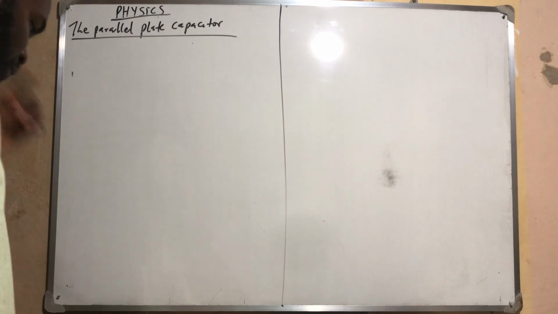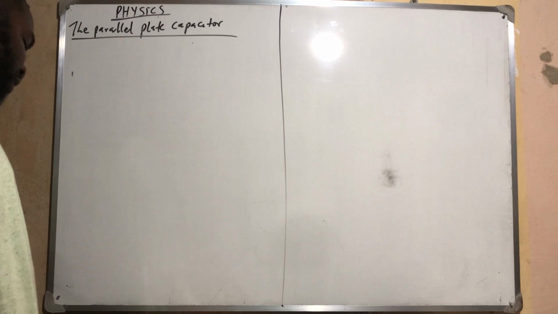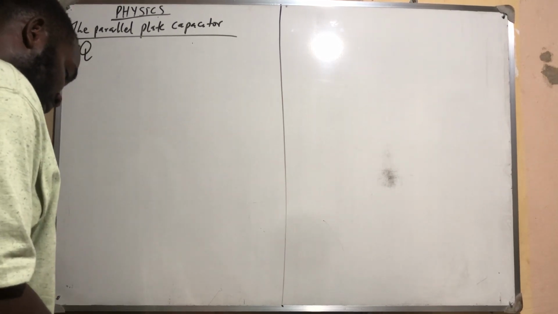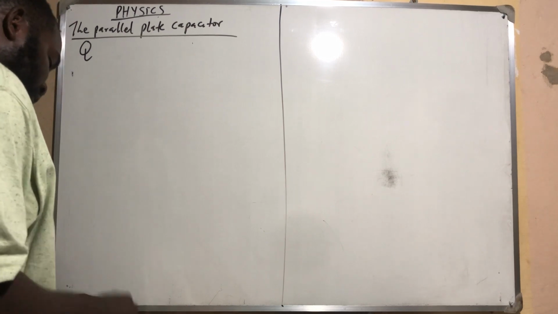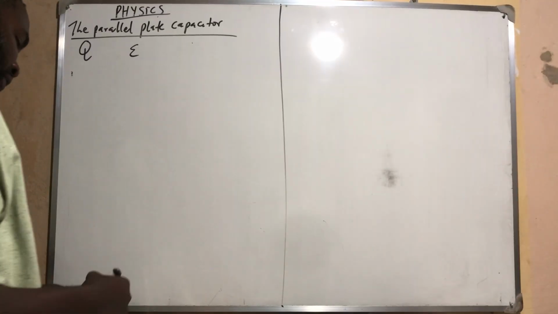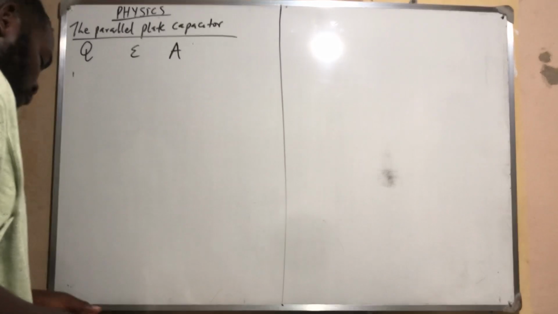Consider two parallel plates of a capacitor, each having a charge numerically equal to Q. The dielectric is a material of permittivity E. The area of each plate is A, and the distance of separation is D.